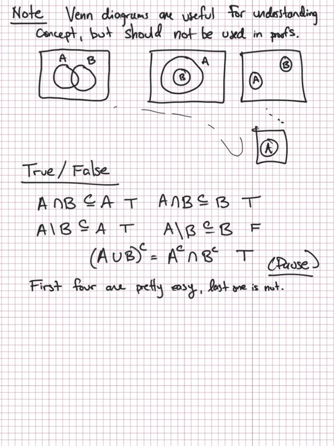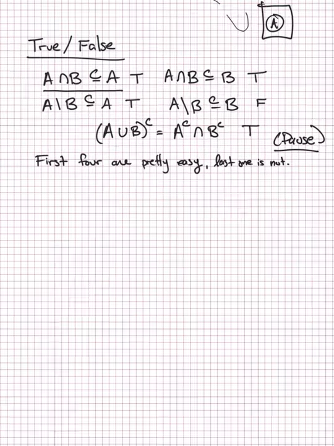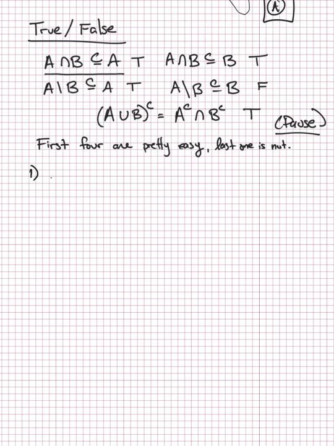So for example, if you wanted to prove that this is true, what do you have to show? Let me do one. If I wanted to show A intersect B is contained in A, this will maybe seem like too much work, but I think it'll be useful to give you a kind of structure for later proofs.